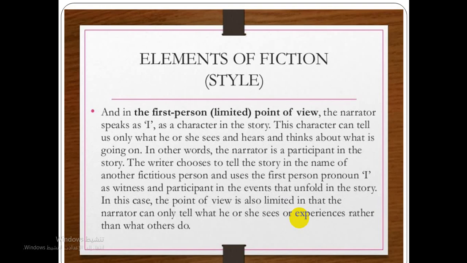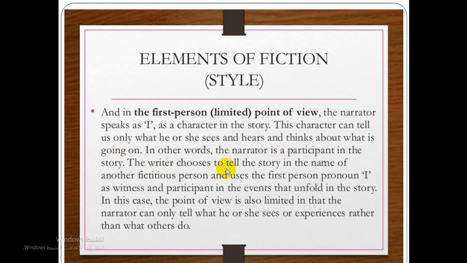In the first person limited point of view, the narrator speaks as I, as a character in the story. This character can tell us only what he or she sees and hears and thinks about what is going on. In other words, the narrator is a participant in the story.